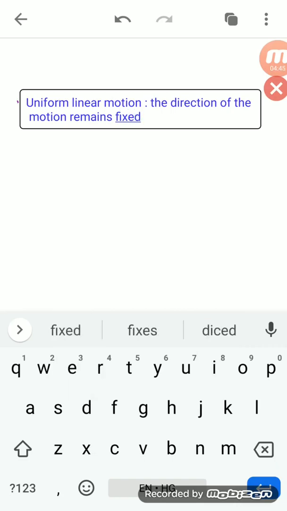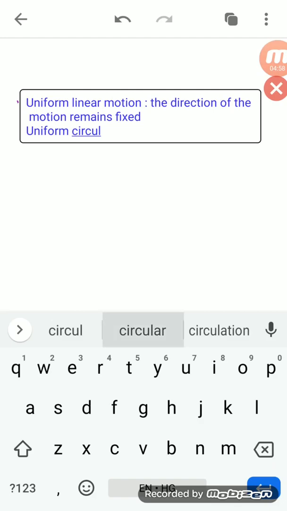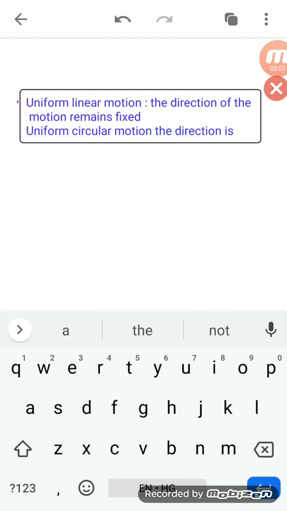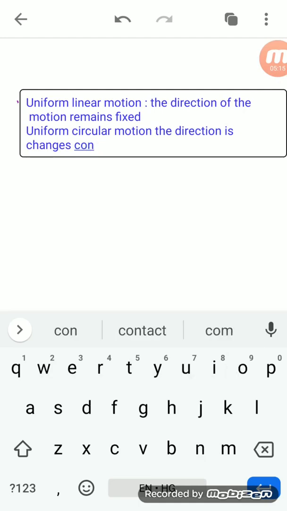But in the case of uniform circular motion, the direction changes continuously.